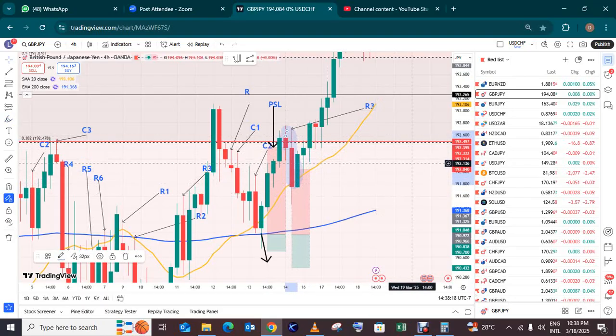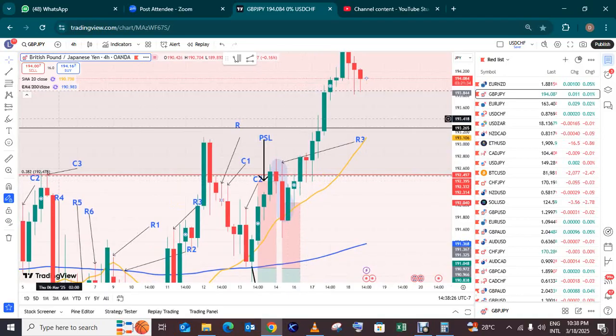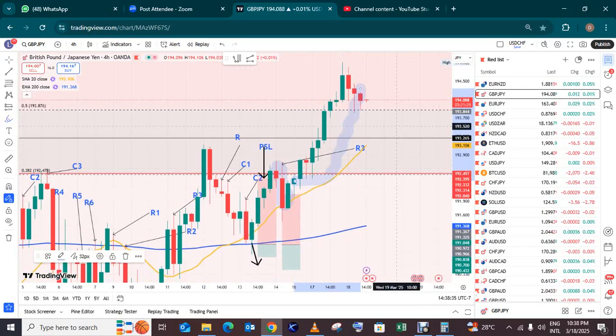And what happened on Monday, which started here? Monday started with this green candle. Since Monday, the market has been rocketing higher.